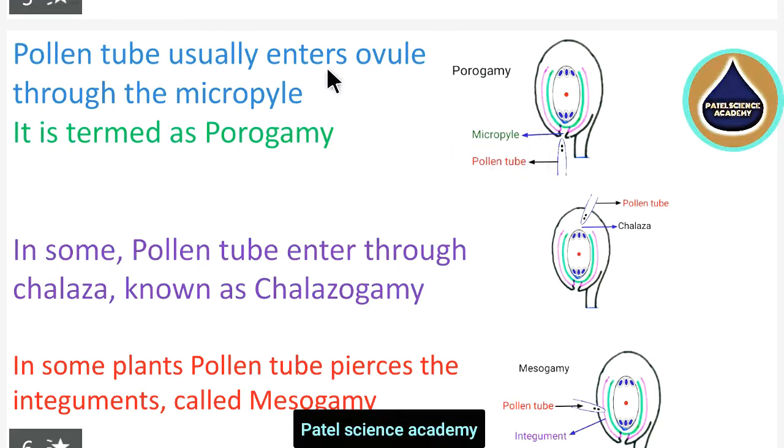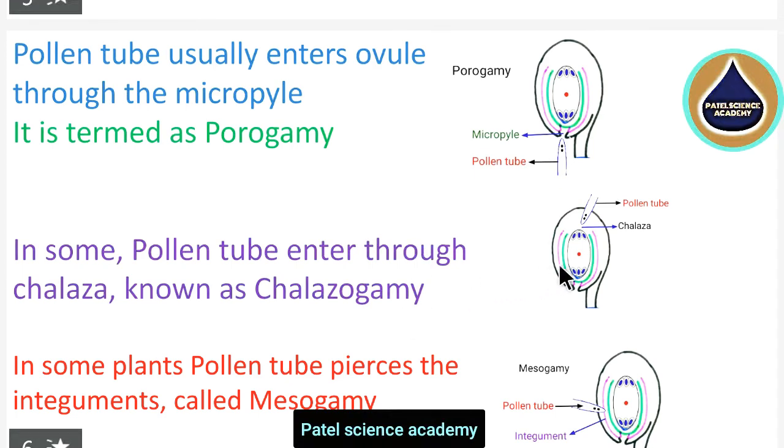If pollen tube is entering into this ovule through this micropyle region, then this process is called porogamy. Diagrammatically, you can see here the pollen tube entering into this ovule through this micropyle region, so it is called porogamy.